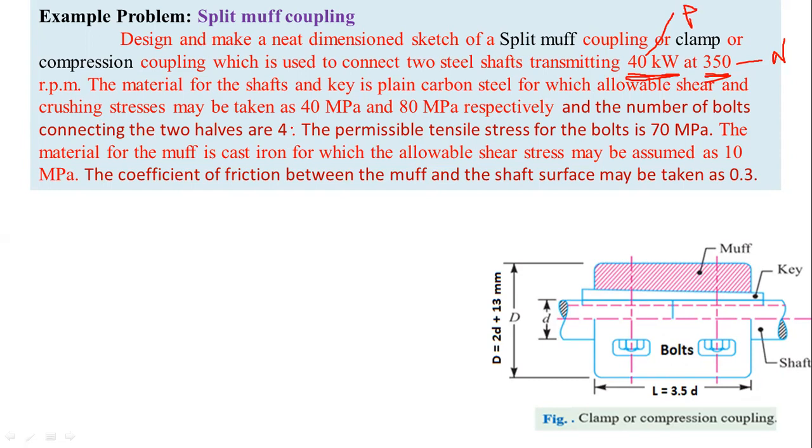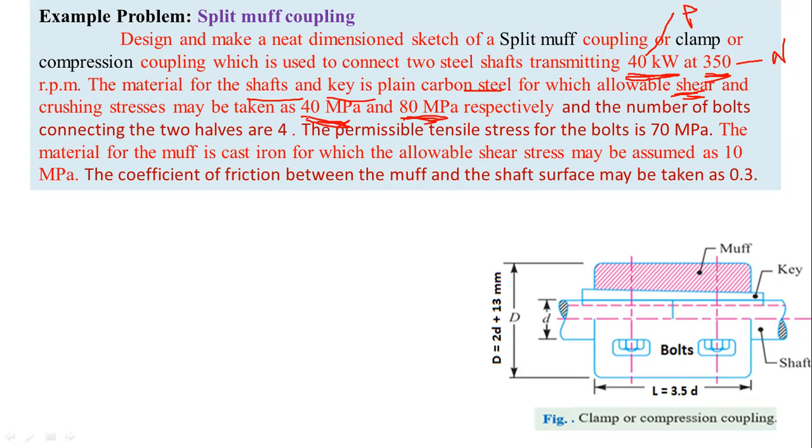Here the material used for shaft and key is carbon steel. That means the material used for shaft and key is the same. The shear stress for shaft and key material is tau equals 40 megapascal, and the crushing stress sigma c equals 80 megapascal.